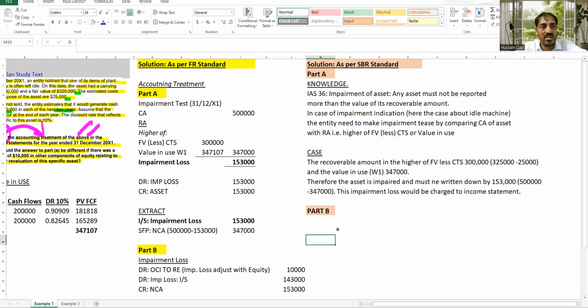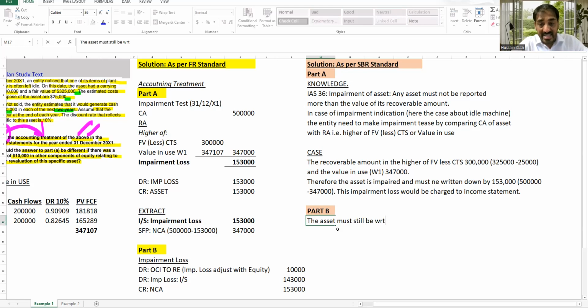Just the explanation. Previously, we only made the extract. Here, we will particularly mention what the asset, or the non-current asset, must still be written off or reduced in value.